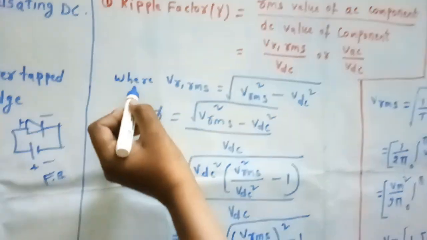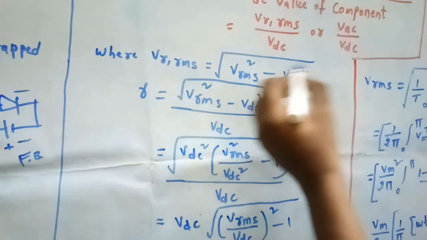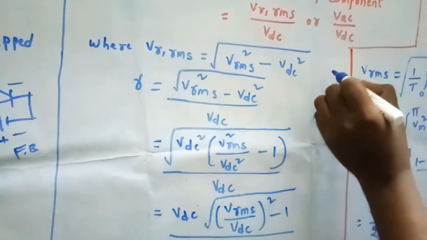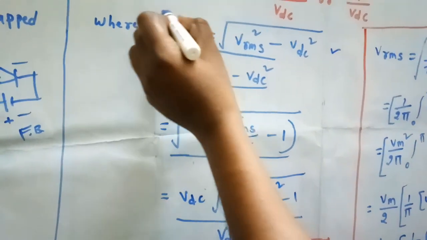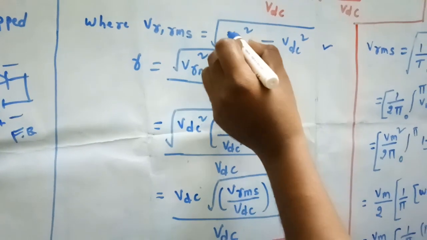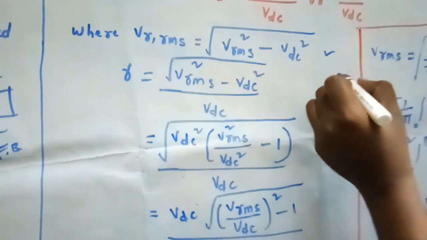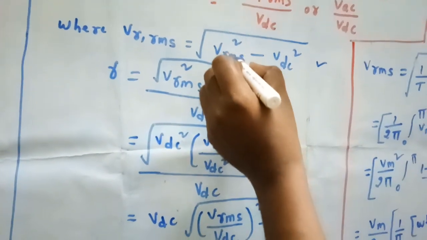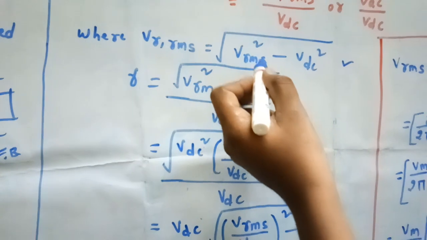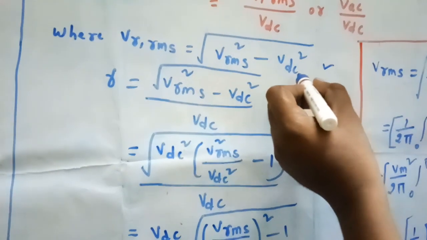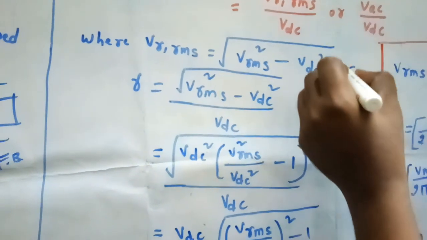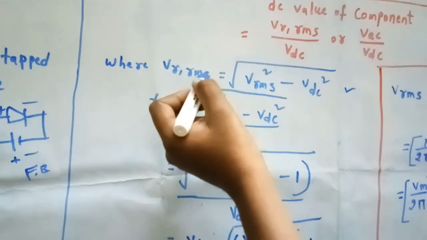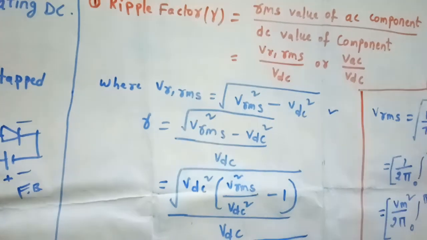V_r,rms or VAC is the square root of VRMS square minus VDC square. This is the formula. VRMS is the root mean square value, and VDC is the average value. You can find VRMS as well as VDC, and you may get V_r,rms.